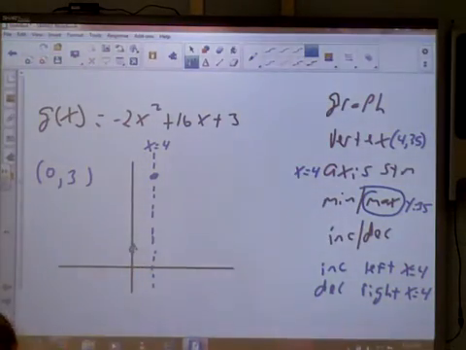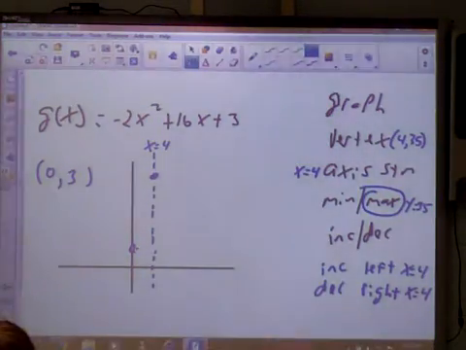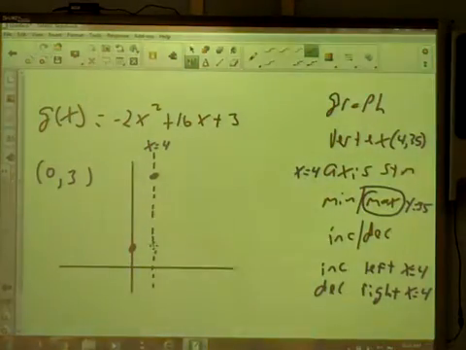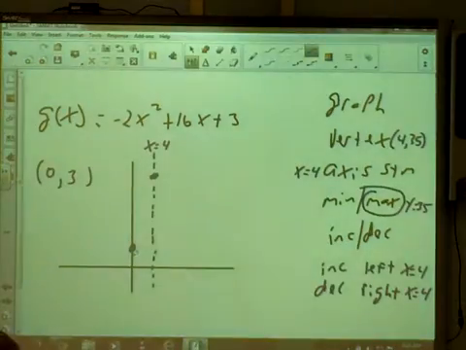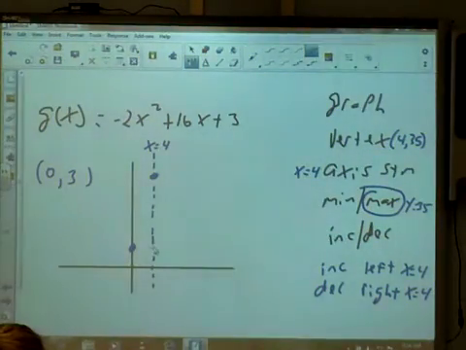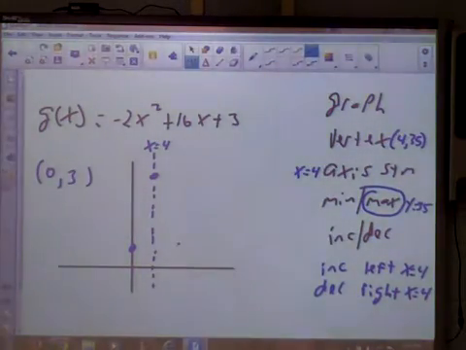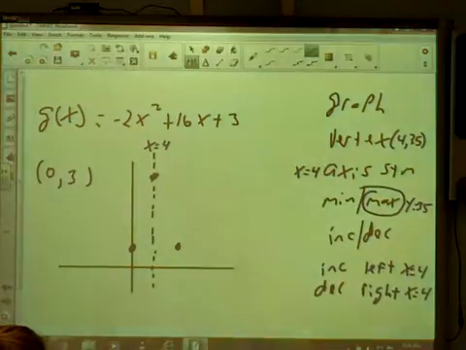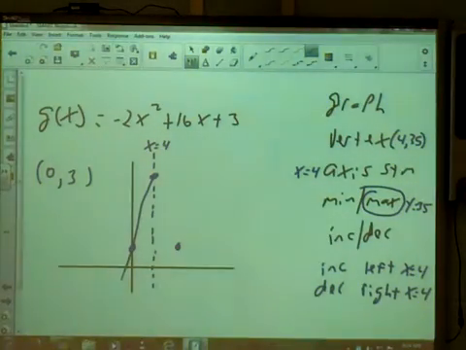Now what Kylie said, if this is 4, to get there, I would count over 4. Then I've got to go over 4 more, which would make that an 8, 3. I know you're still right, Kylie. I know what you meant.